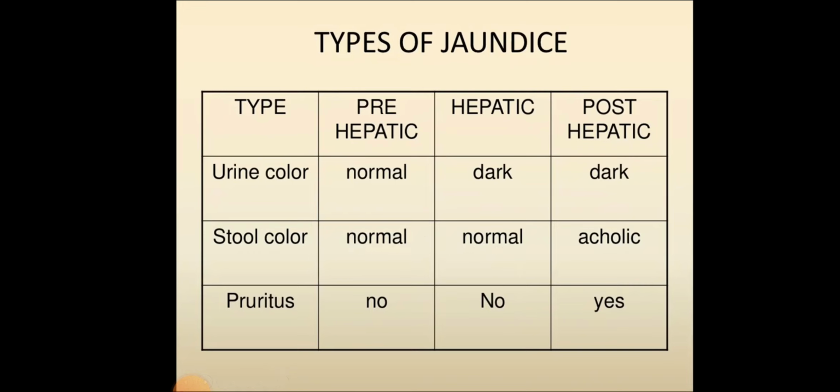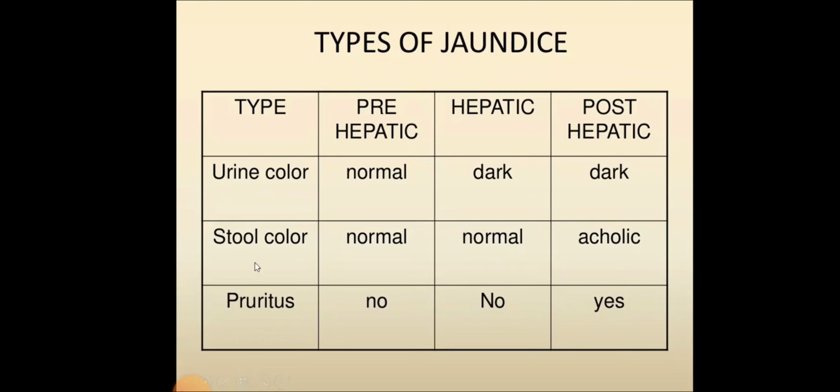In hepatic, both conjugated and unconjugated, and in post-hepatic, conjugated bilirubin will be there. And already in the bilirubin metabolism, we discussed that conjugated bilirubin is water soluble. So that is why in hepatic and post-hepatic, the urine color will be dark.